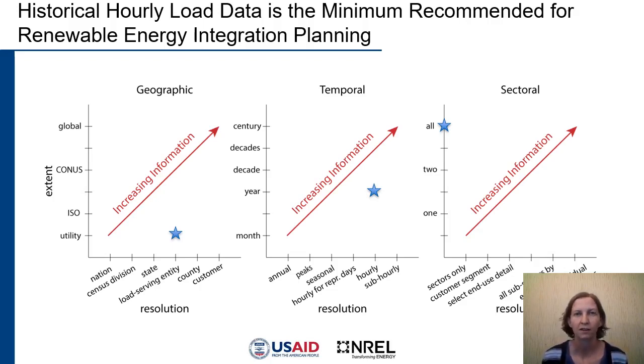So that's kind of economic growth combined with a notion of the energy intensity of that economic growth. If we combine those things together, then we can get a first order idea of what load will look like in the future in a way that is going to let us see the correlations between load and renewable resource.